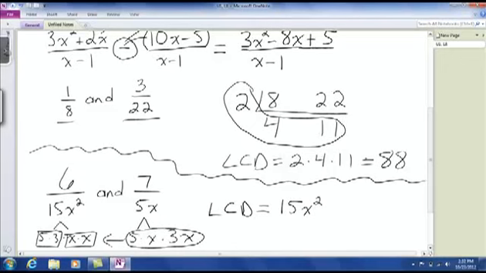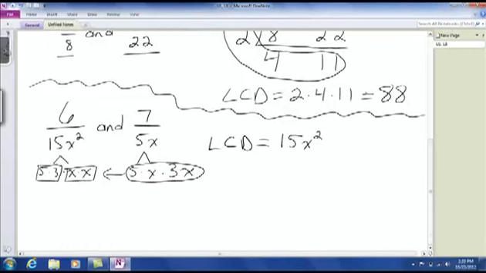So we could make the denominator on the right become the left denominator just by multiplying by 3x. And the left denominator, the 15x squared, we wouldn't have to do anything to. It's just going to multiply by 1. It's going to stay itself because it's perfect just the way it is. Okay, clear as mud? Of course it is.